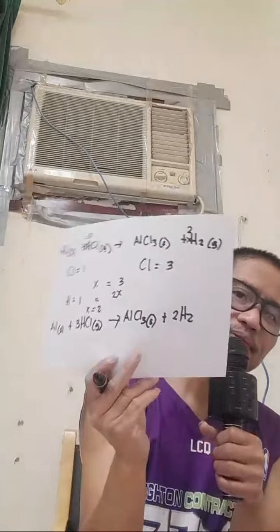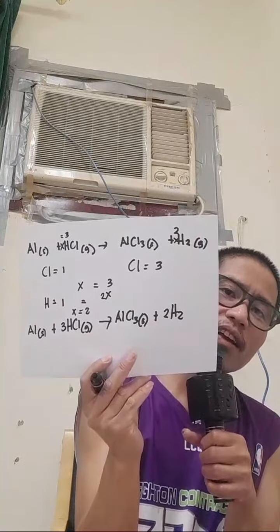So, hydrogen balance, take a look. It's not balanced because we have hydrogen, 4 atoms in the right and 3 atoms only. And what should I do now? Again, second attempt.